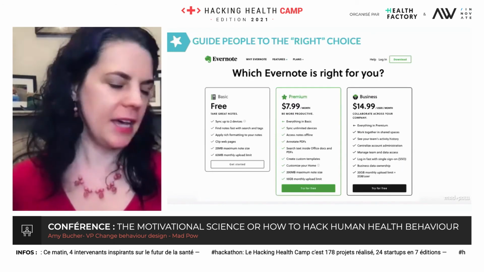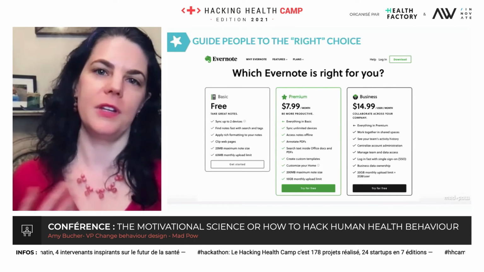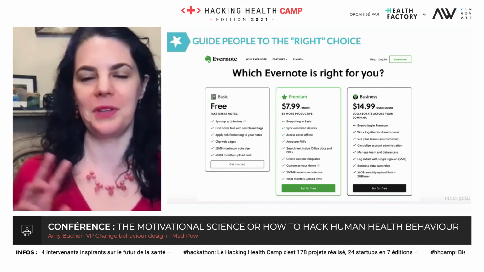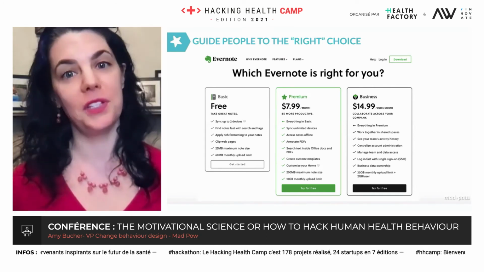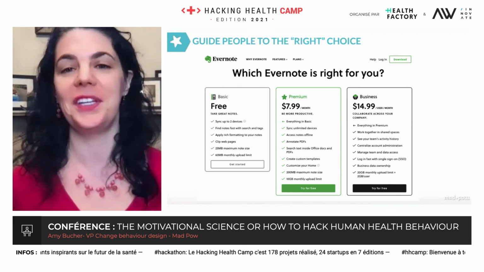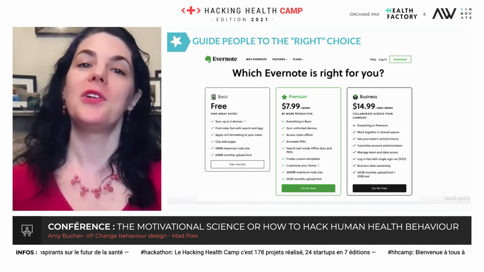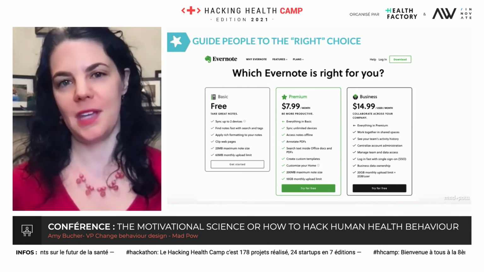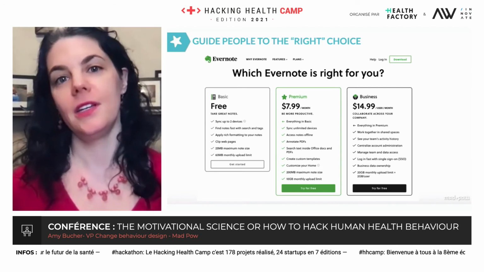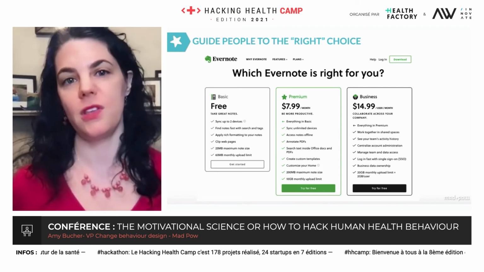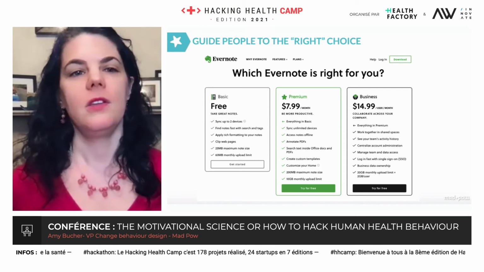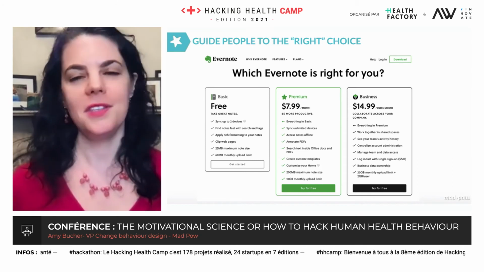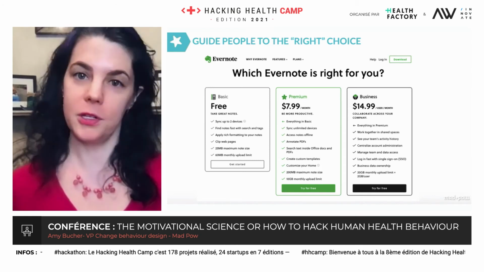You can also design the actual physical layout of an experience to help guide people to the right choice. So they are still freely making this choice. This is really a nudge. But you're giving them some information in the visual design that helps make that choice easier and helps show them some of the factors that they might find meaningful. So this is from Evernote. We see this in the United States often with health insurance plans.